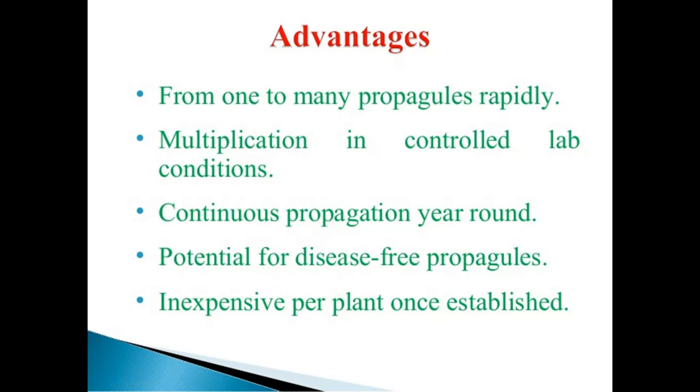See, from one to many propagules, it is rapid, it can give many propagules for the reproduction, or for the propagation. So it can give us the number of clones that it can multiply in the controlled lab condition, continuous propagation year round, and the potential for disease-free propagules, inexpensive per plant once established.